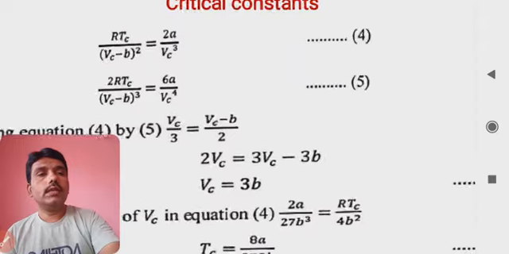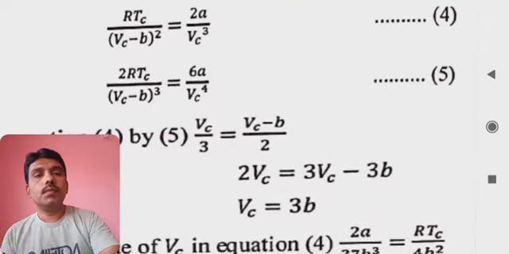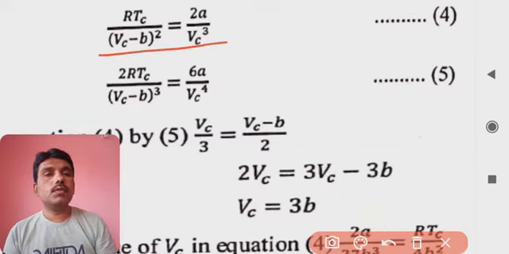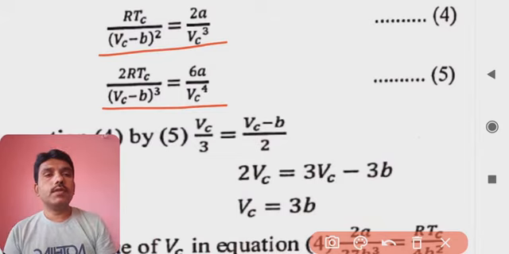Let's look at what happens in this case. Equation number 4 is RTc by (Vc minus b) whole square is equal to 2a by Vc cube, and equation number 5 is 2RTc divided by (Vc minus b) whole cube is equal to 6a by Vc raised to 4. So now 4 is divided by 5.